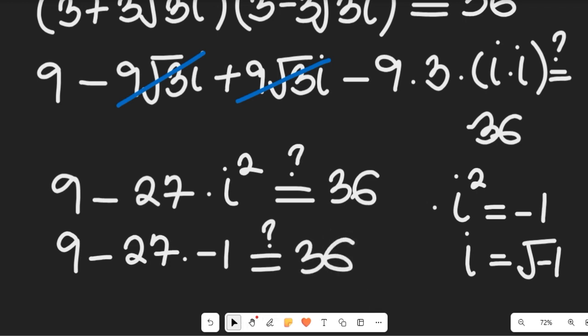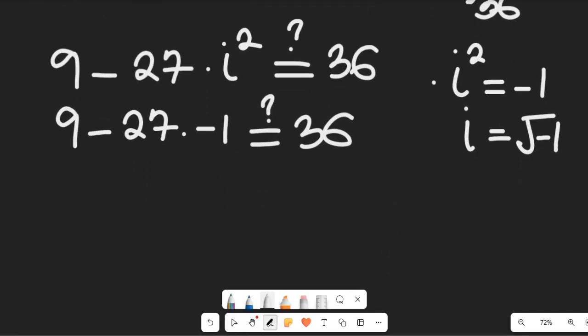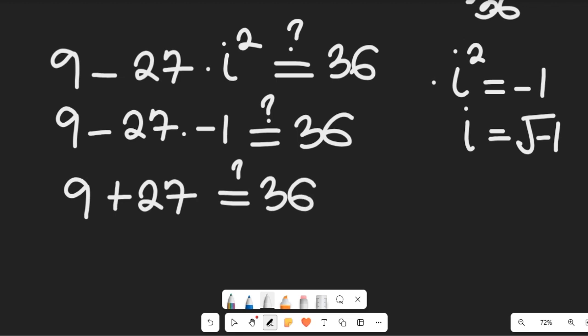Now from that expression, you see that we'll have 9, and minus times minus is going to give us plus 27. Will this be equal to 36? 9 plus 27 is going to give us 36. So 36 is equal to 36.